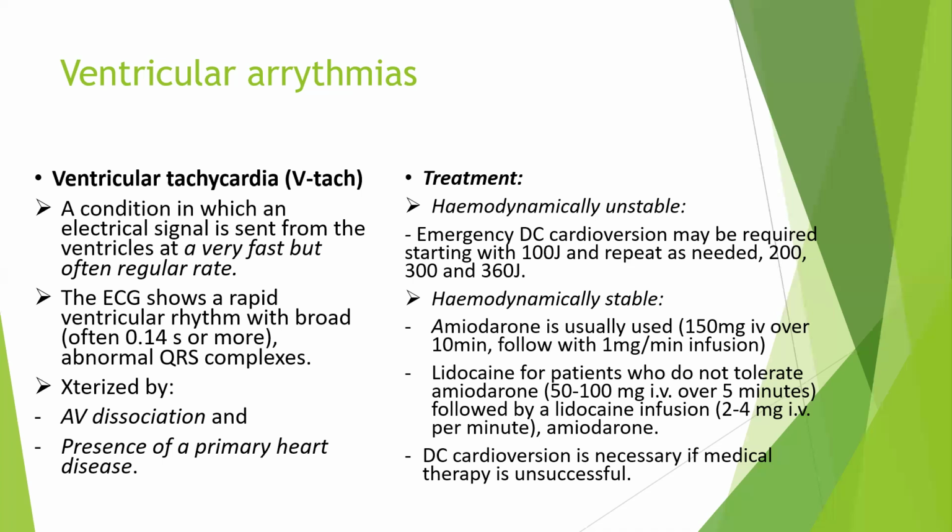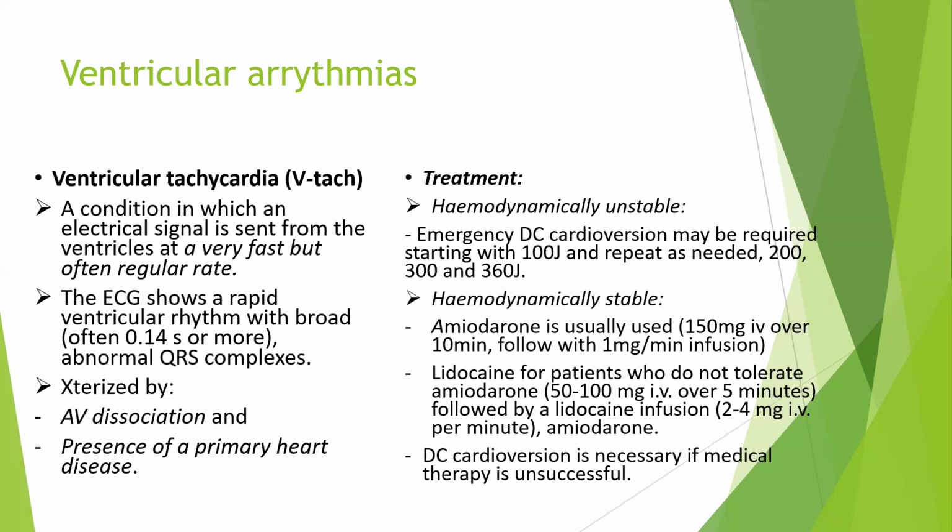One other difference is that a lot of times you can actually use cardioversion for VTAC, but not for VF. So cardioversion may be necessary if the pharmacological therapy is unsuccessful. Don't forget amiodarone has dual roles, like I mentioned before.